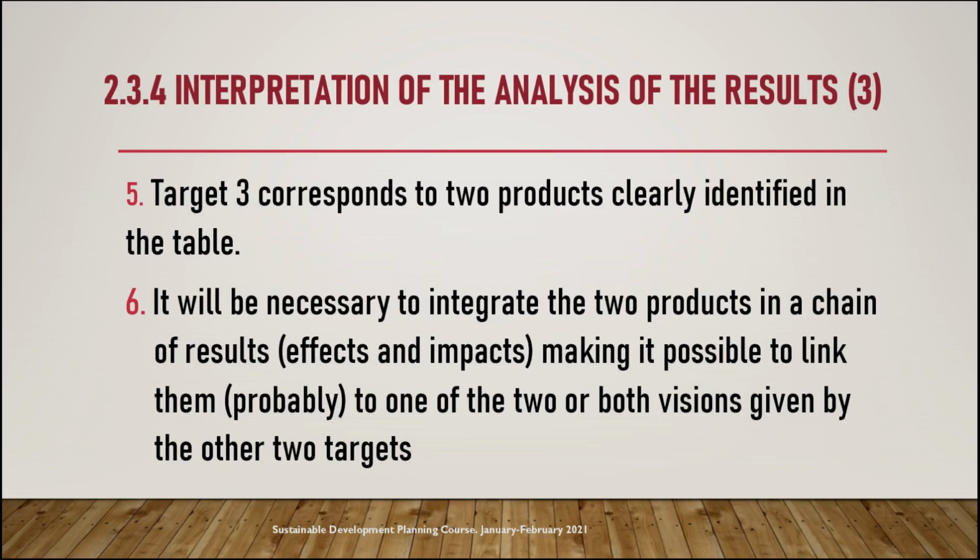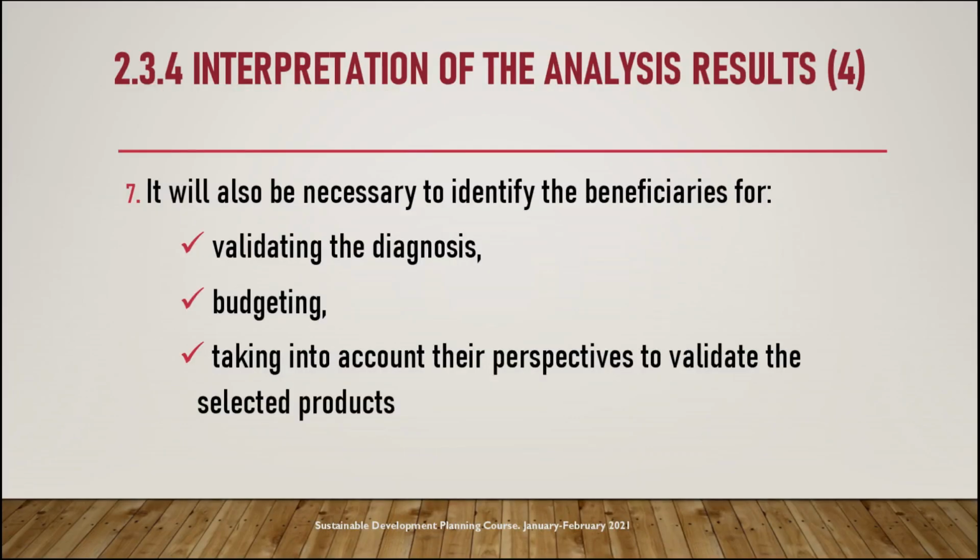This slide also is already explained. So the target 3 corresponded to output clearly identified, and that can be integrated somewhere following the causal analysis. So this is very important. We cannot say that we have an output if it's not validated by those who are supposed to be the end users.